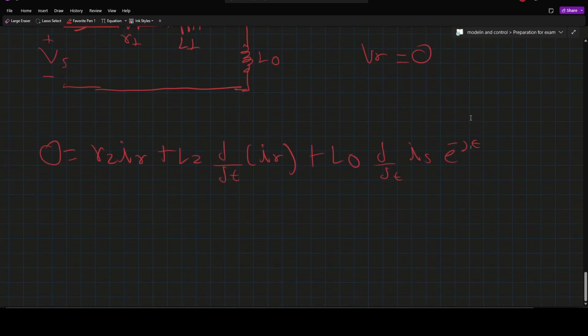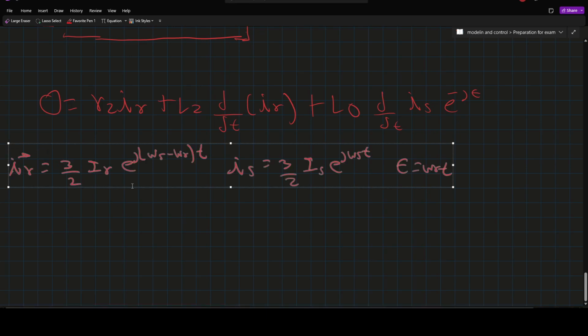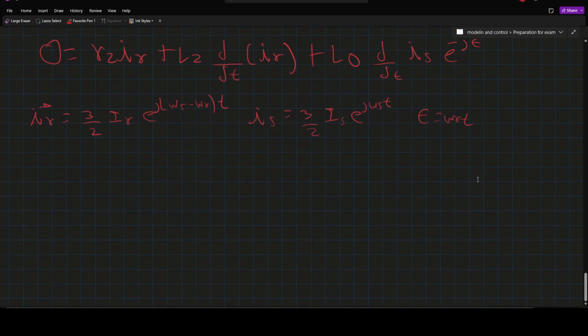Again, we know our values of the currents, and we know that epsilon is omega RT.